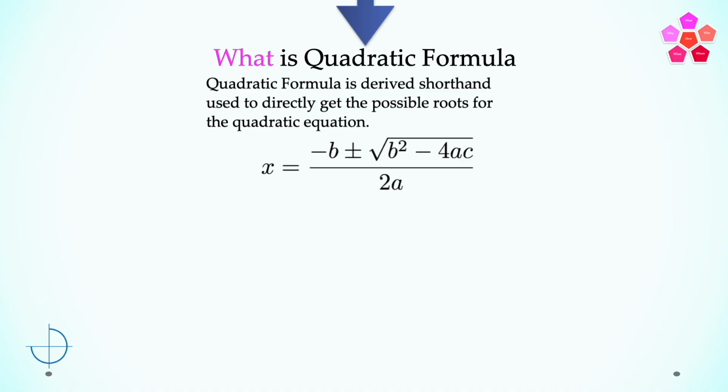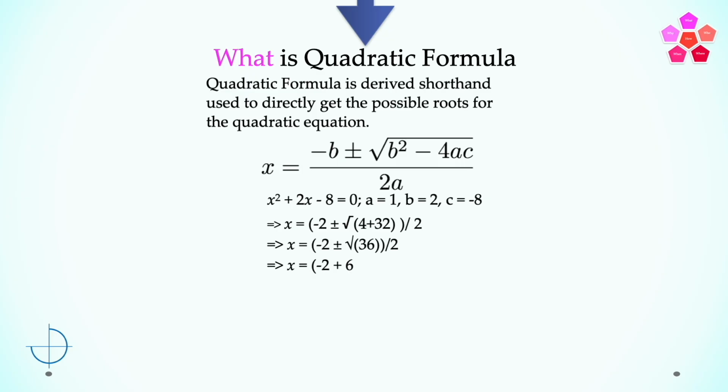So let's try to solve the same equation, x squared plus 2x minus 8 is equal to 0, with the quadratic formula. Here we know that a is equal to 1, b is equal to 2 and c is equal to minus 8. So we have x is equal to minus 2 plus minus under root of 4 plus 32, divided by 2 as a whole.